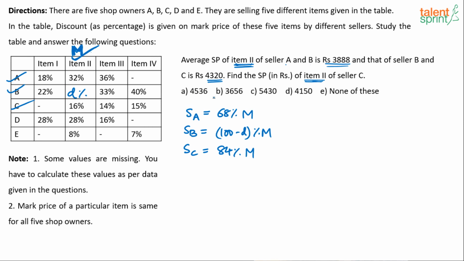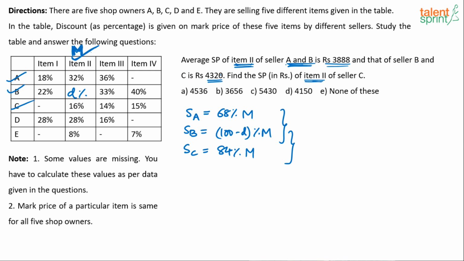Now we have been given average of SA and SB. Average of A and B is 3888, right? And average of B and C is 4320. You have to find out the selling price of C. Can you do that? Should be easy, right? How do you get that? See, if average price of A and B is 3888, total of A and B will be 3888 into 2. There are 2 values. Average of 2 values is 3888. So what will be the sum of those 2 values? 3888 into 2.